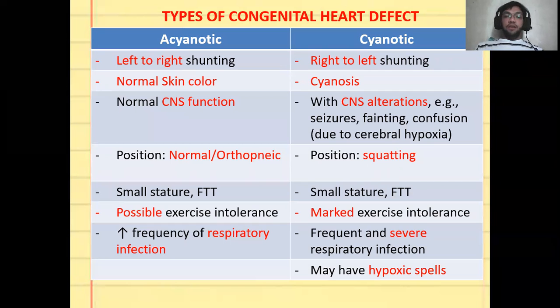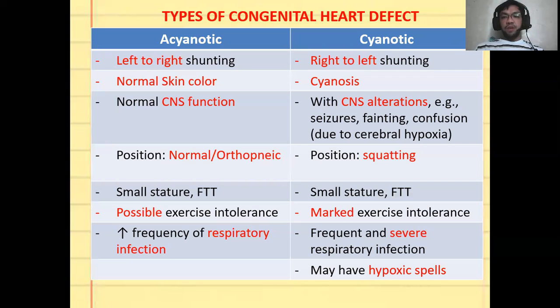And if the patient who has acyanotic heart disease has possible exercise intolerance, this time they cannot do any exercise due to lack of energy because of hypoxia. Of course, if you lack oxygen in your blood, how are you going to perform that exercise?